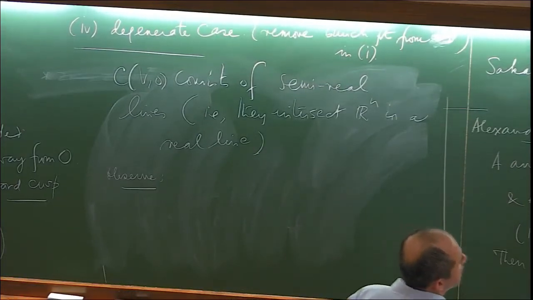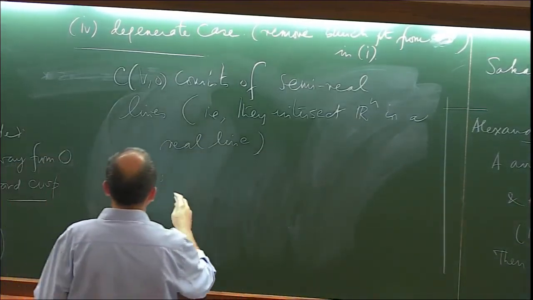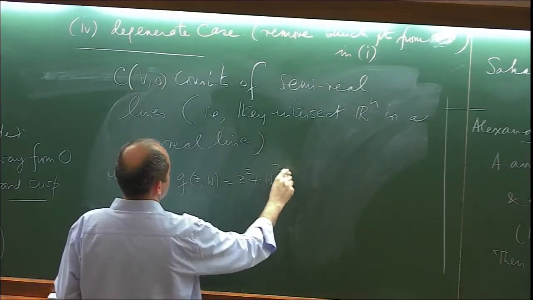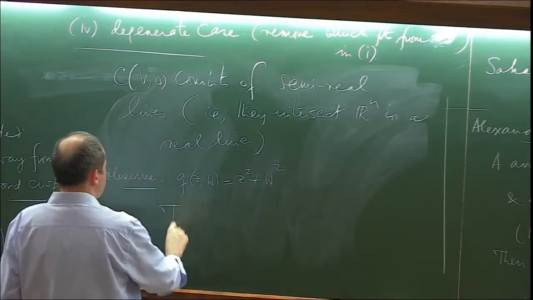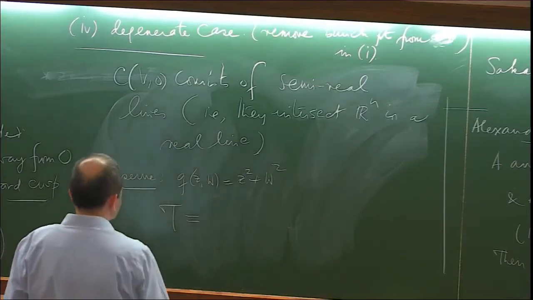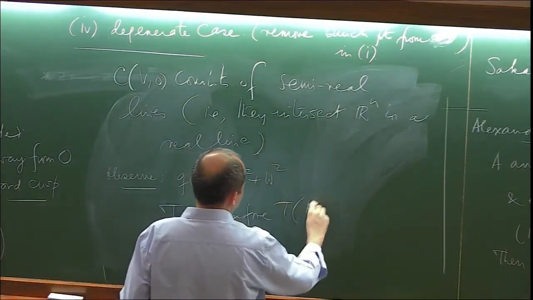Okay, so I'm going to just work in 2 dimensions. So n is 2, sum of squares. Little q as z squared plus w squared. And T, remember, was this map which takes M, that totally real manifold, and brings it to R2. So T as before, T of M is R2.